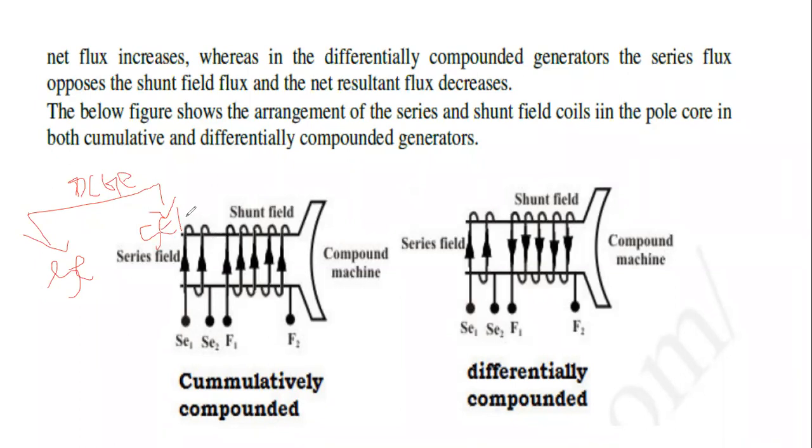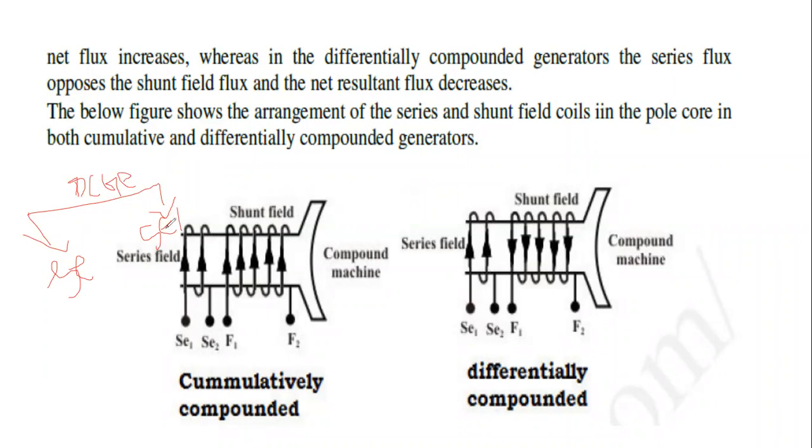Separate means a separate battery is used to excite the field winding; that is called a separately excited DC generator. A self-excited DC generator means the generator can develop by itself the current required to excite the field winding. Such generators are called self-excited generators.